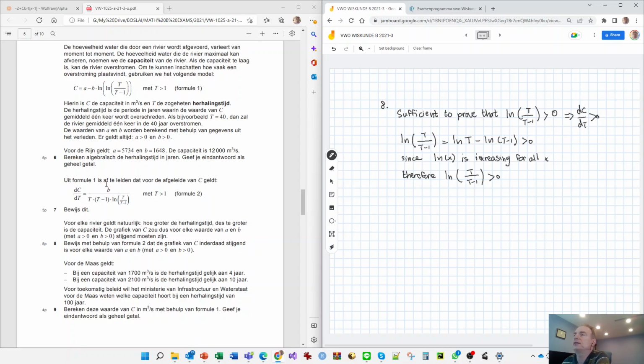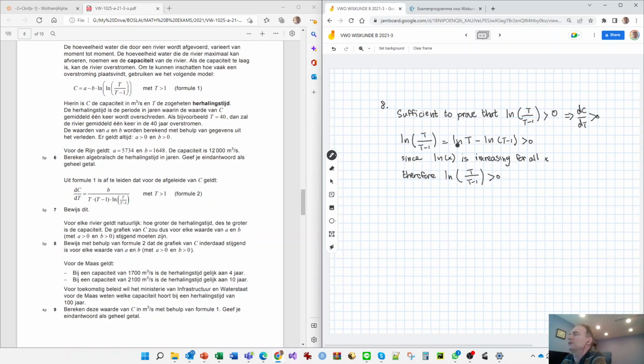Well, that's not so difficult. We can just show that this derivative is always positive. If that's always positive, that means that c as a function of t is always increasing. And b is given to be 0 or positive, and t is greater than 1, so t times t minus 1 is positive. So we just need to show that this logarithm here is positive.